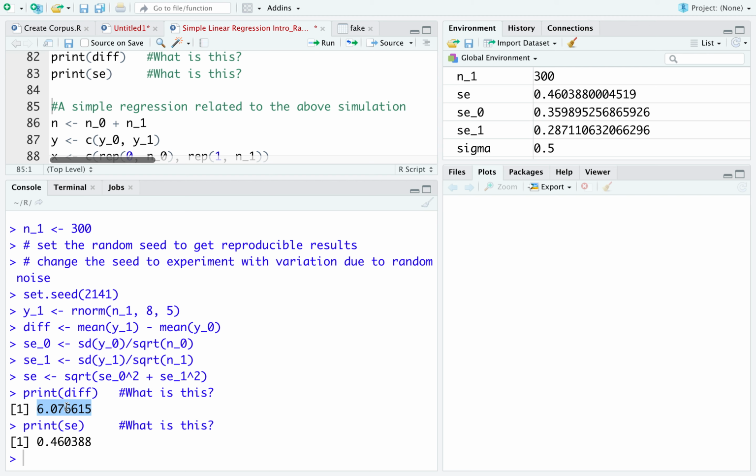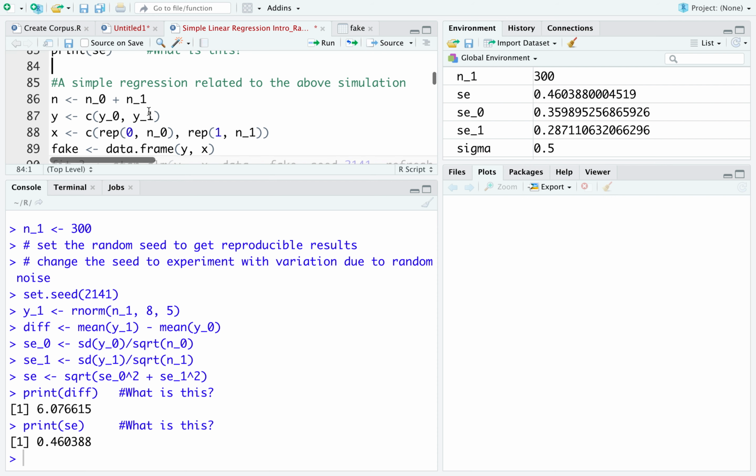Could be better, could be worse. So give or take 0.46, that 68% interval, my more likely than not interval, will tend to include the truth 68% of the time. So I don't know if this is one of those times or not. Putting an omniscient cap on, I do know it is one of those times.